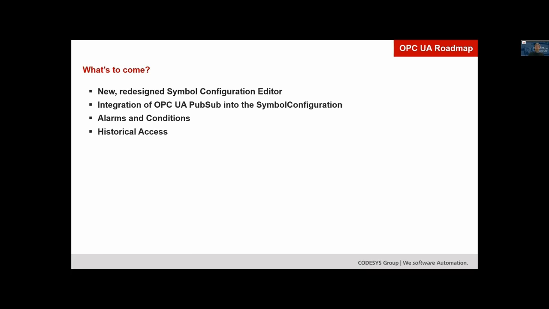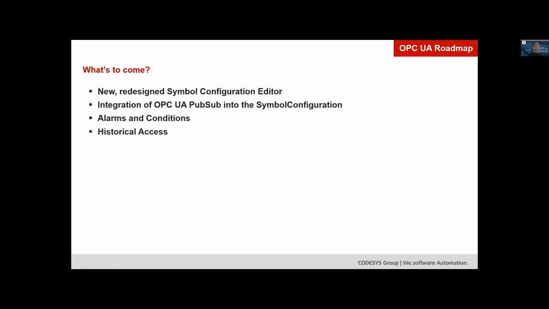Everything I showed you in this demo is with our current released version. You could just download CODESYS from the store right after this, and you can try it yourself. But looking ahead into the future a little bit, where's CODESYS going with OPC UA? One thing we're working on is a new GUI for the symbol configuration editor, because with user rights, the current one is getting to its limits of implementation.